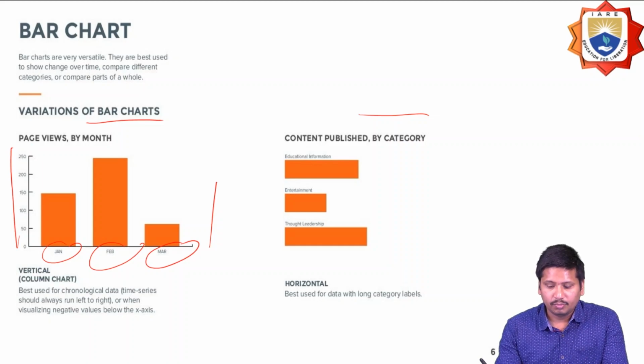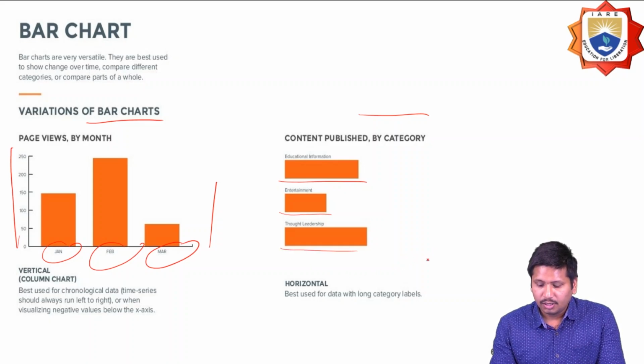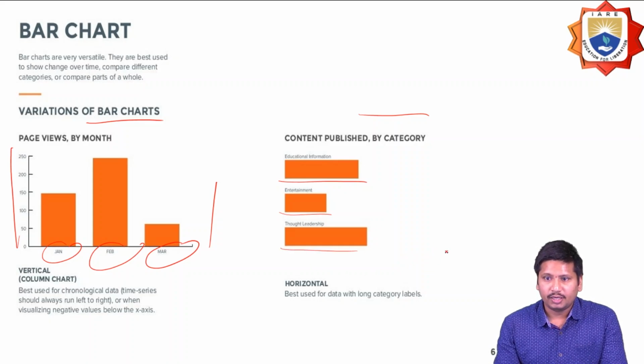Similarly, we can represent the same thing in horizontal fashion as well. Here I'm showing education information, entertainment, and thought leadership, and how many views the content published in each category has.